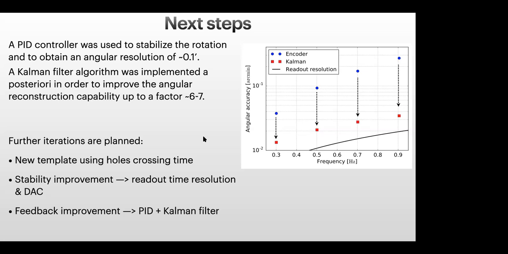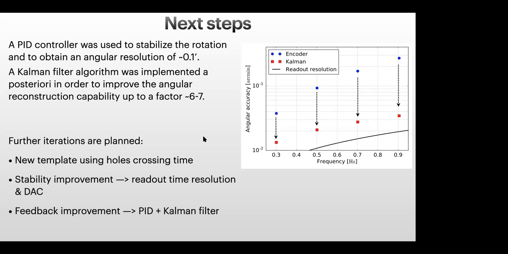Then we are planning to improve the stability of our system, the long time stability. This will be done by improving the readout time resolution, and in particular by improving the digital to analog converter resolution used to control the magnitude of the current in the coils.